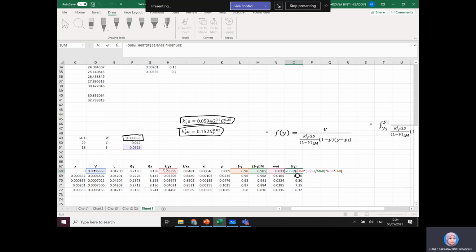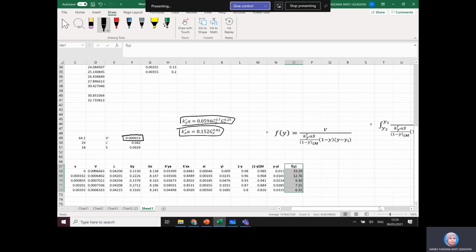So Kya is this times S. S is the cross-sectional area, this, divided by 1 minus yim, this, green, and then multiplied by y minus yi, this. I mean, just plugging in the formula at each point. So you have the Fy for this.